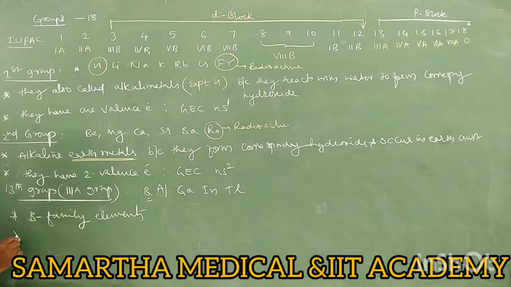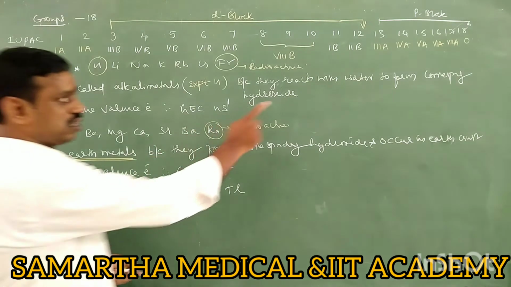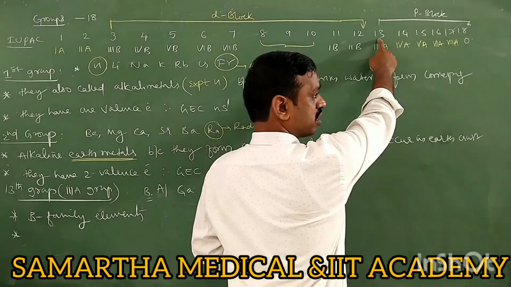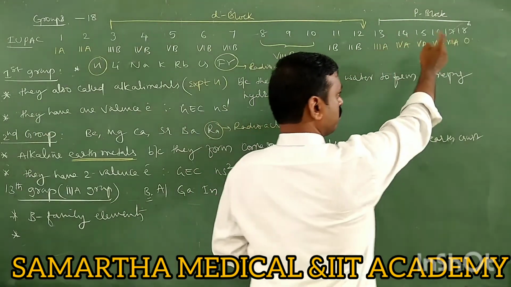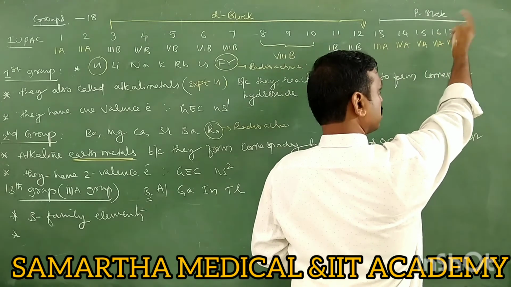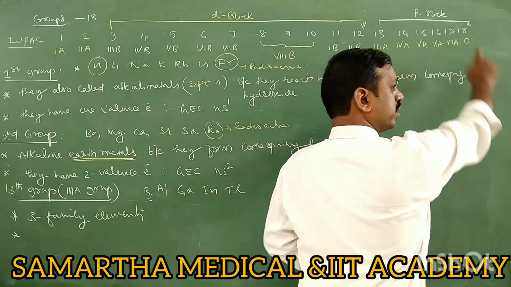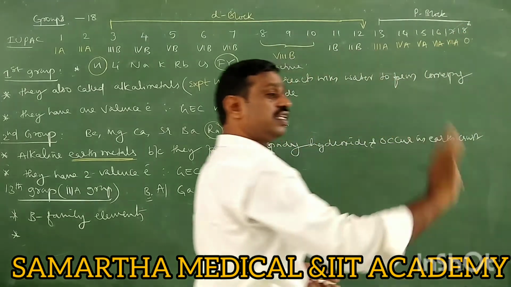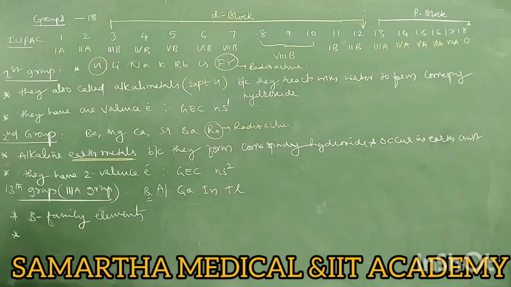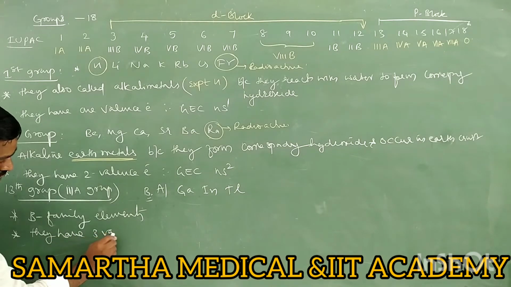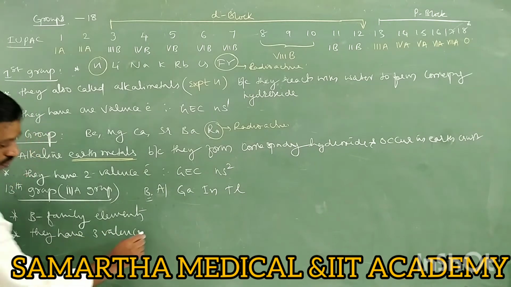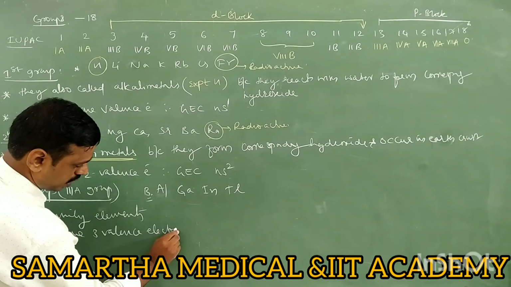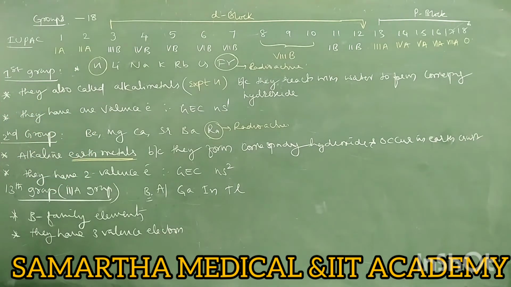Next, how many valence electrons do boron family elements have? 3. Because in the 13th group there are 3 valence electrons, 14th has 4, 15th 5, 16th 6, 17th 7, and the 18th group has 8 valence electrons. So boron family elements have 3 valence electrons.